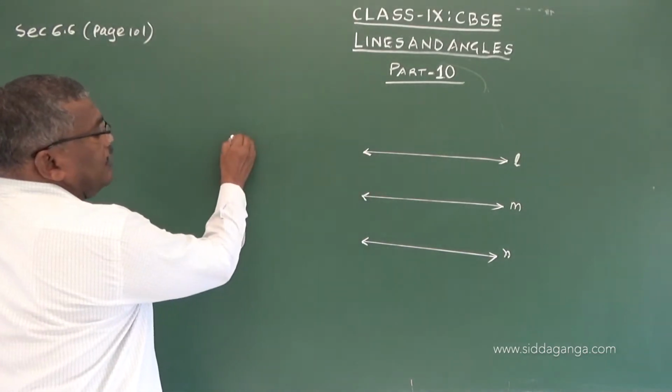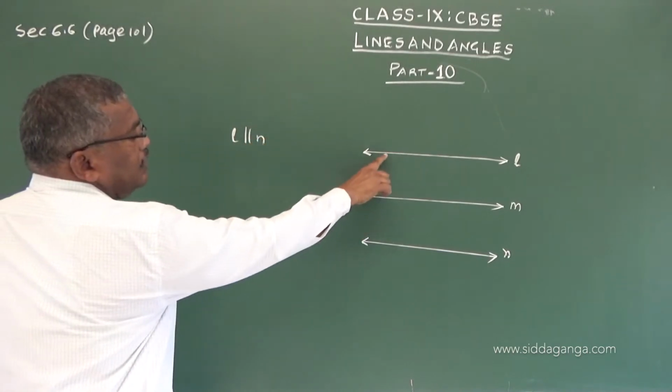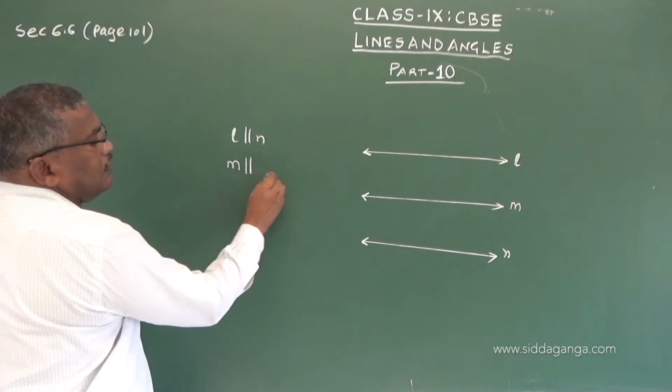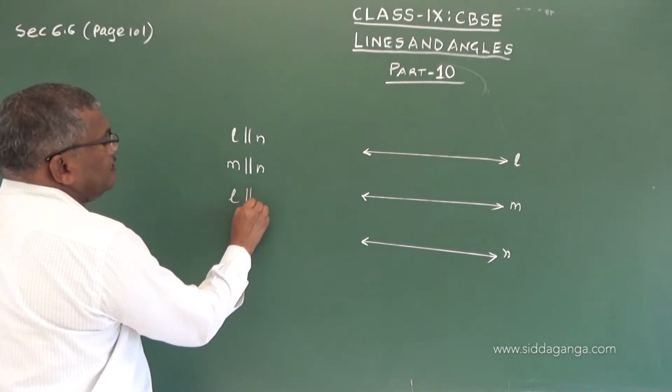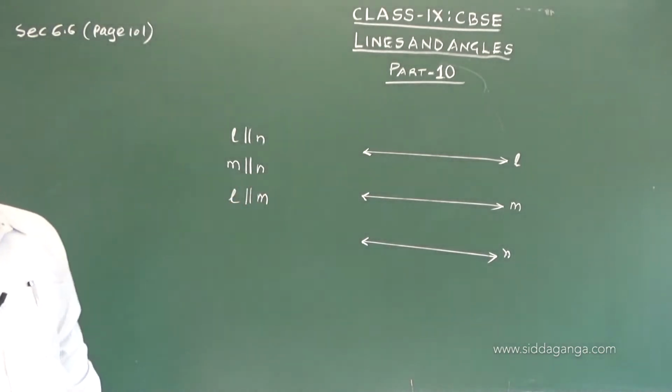So L is parallel to N, and line M is also parallel to N. Therefore we say line L is parallel to M.